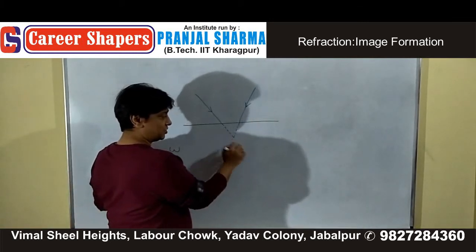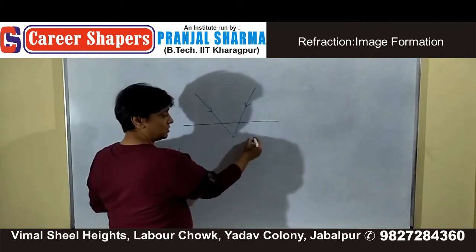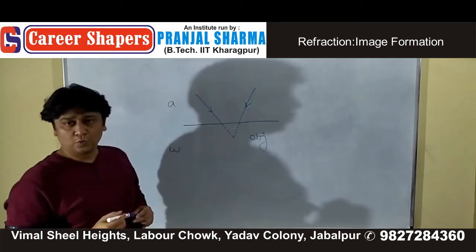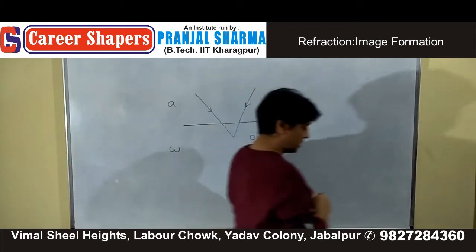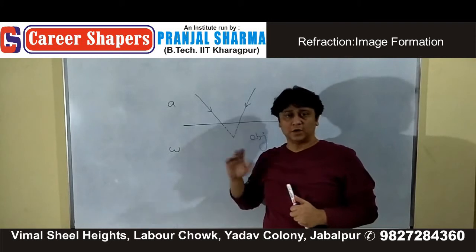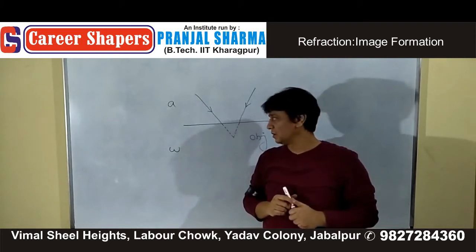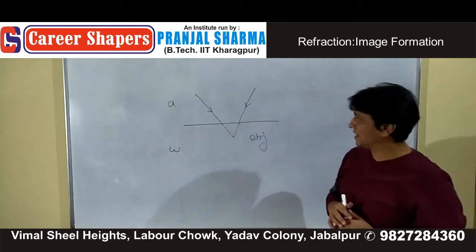This intersection point gives you what? Object. And if I ask you, this object lies in which medium? Air or water? Take your time, decide it, and now verify yourself whether you guessed the correct answer or not.